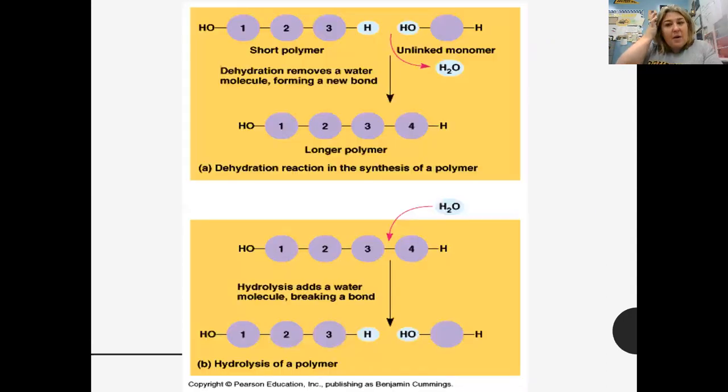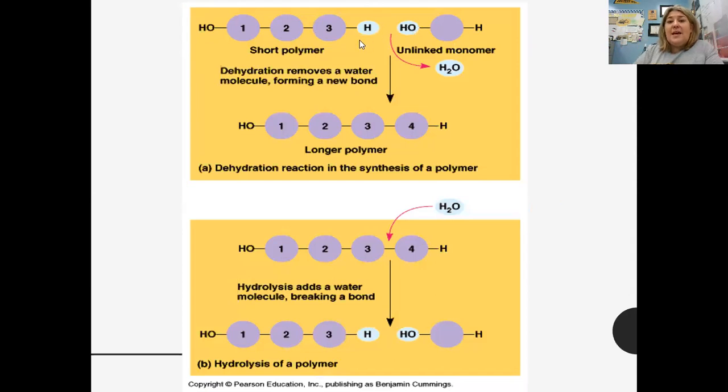So here's a picture of how it all works, because I know it's probably fuzzy in your head. So here's a short polymer. It's going to have 3 carbons, and right here this OH is telling me, this has got a hydroxyl on there, so that's an alcohol, and I want to hook this monomer onto it.